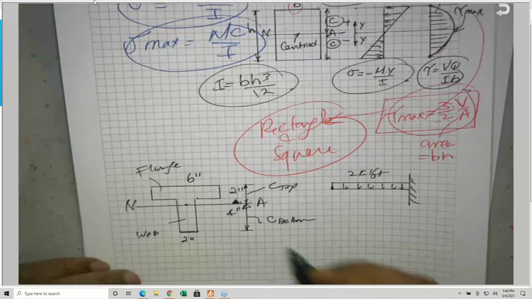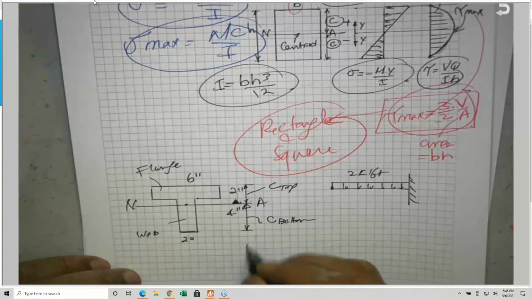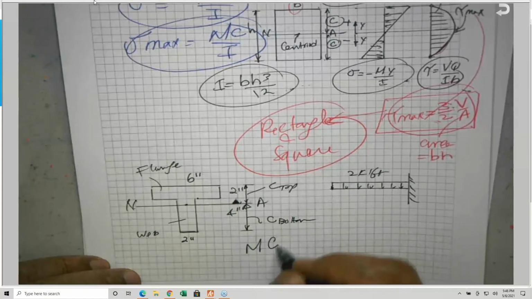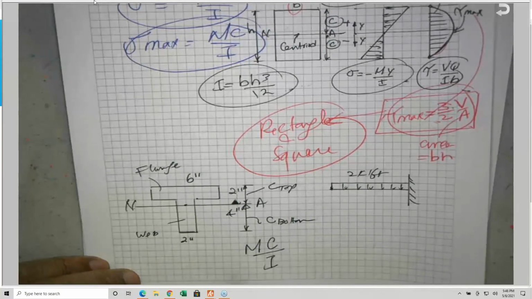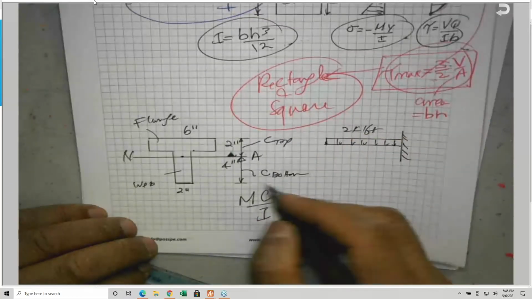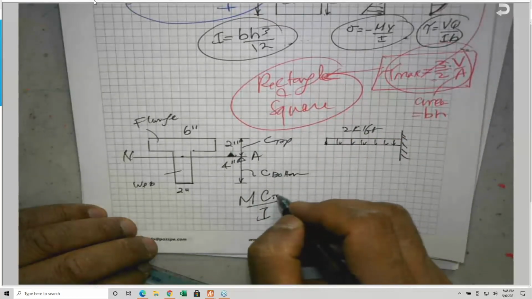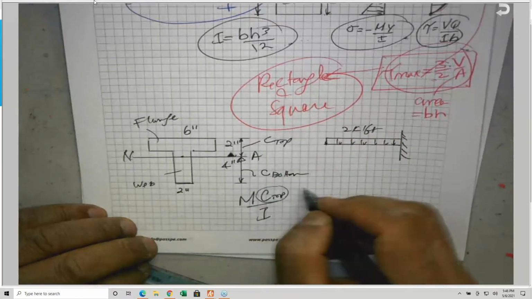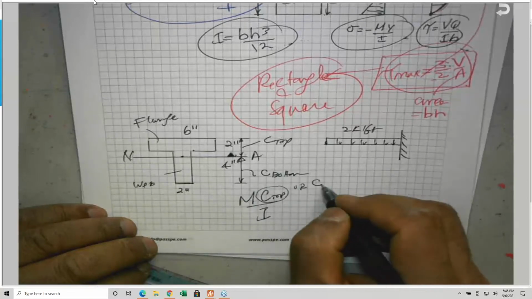So I need to get this. He's asking for the maximum, so I use Mc over I. But you will say, wait a second, which C am I going to use? C top or C bottom?